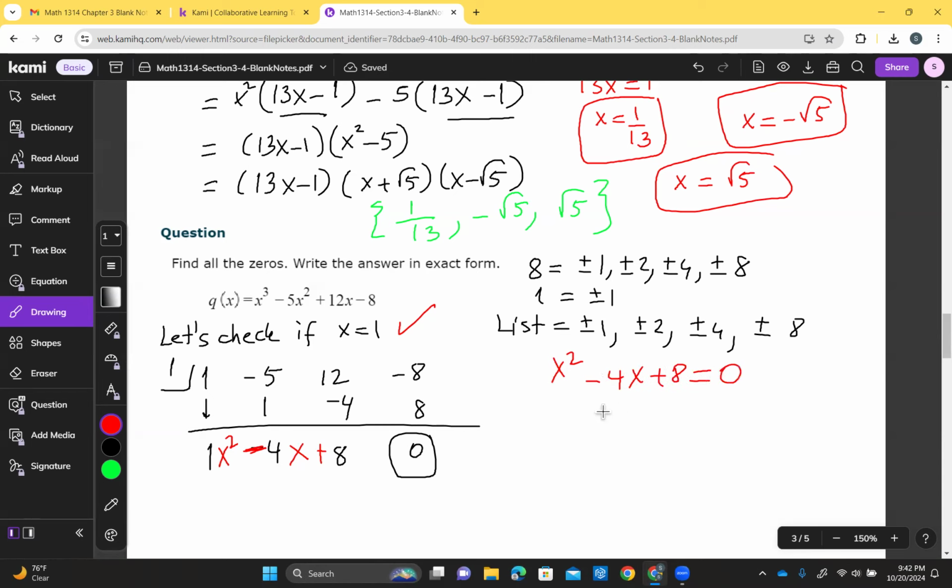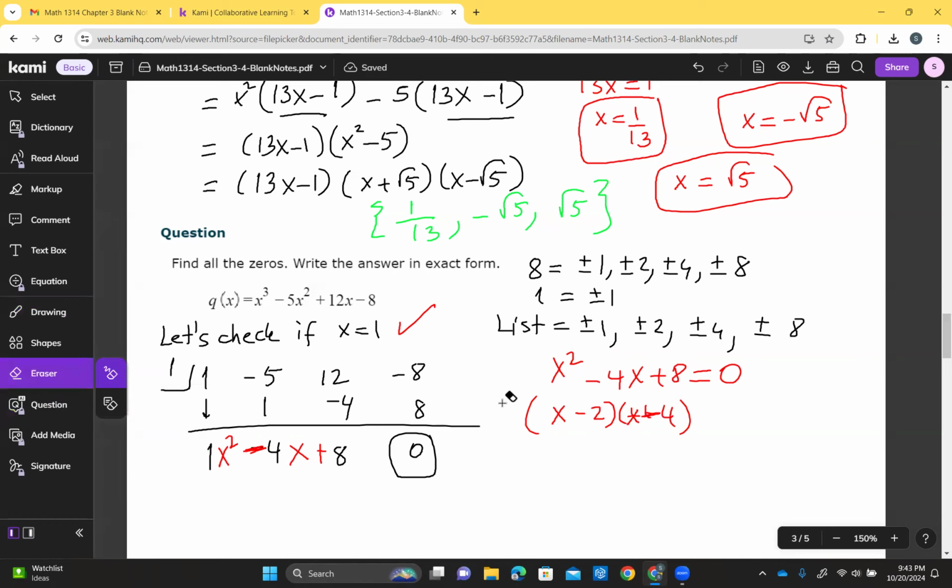So we have to just solve this quadratic equation next. If you can solve it by factoring, but in this case, I feel like it is not possible to factor, because 8 is really negative 2 times negative 4. When I multiply negative 2 and negative 4, it gives me a positive 8, but when I add them up, their sum is negative 6, and we have a negative 4 here.